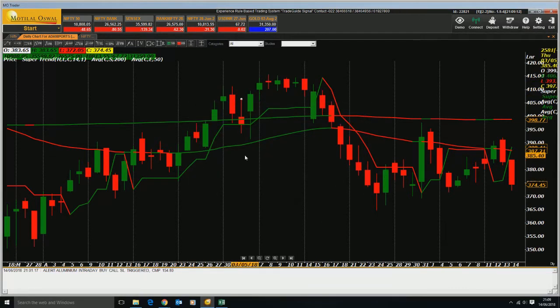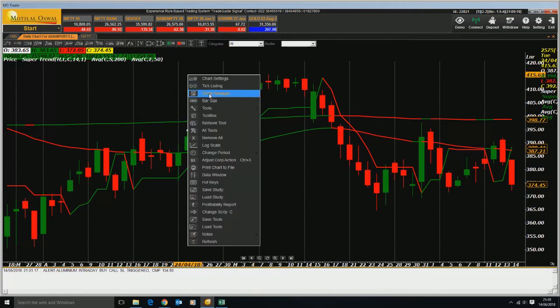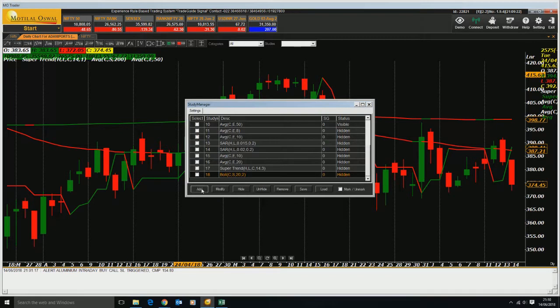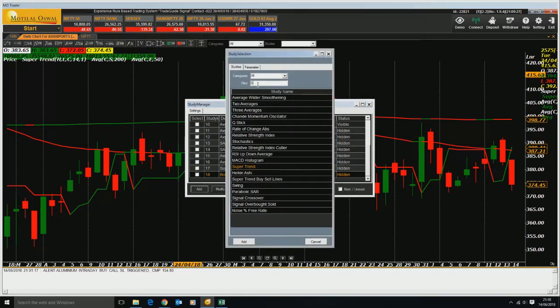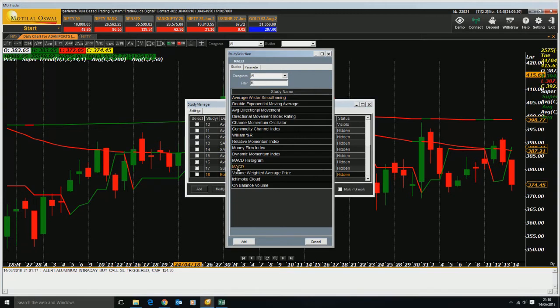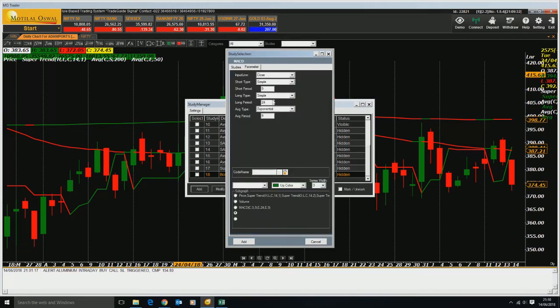Now I'll add two more things. Very simple system. I go to the study manager, click on add and add MACD: 9, 24, 9. The short period is 9, the long period is 24, the average period is 9.